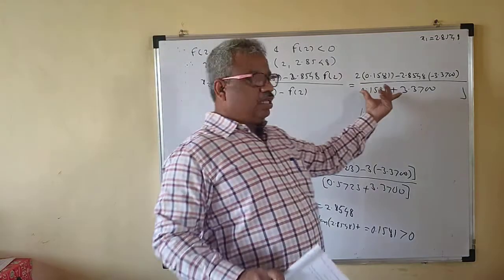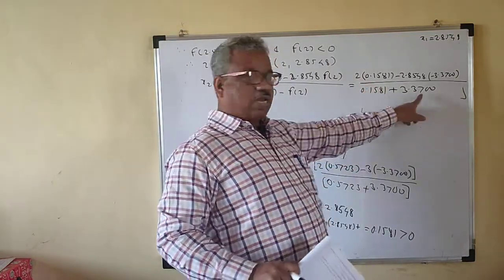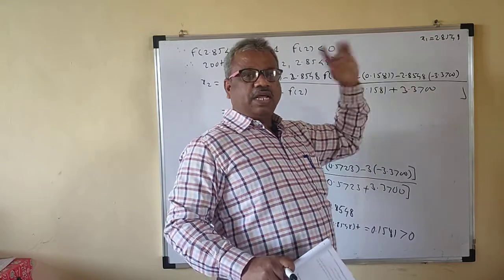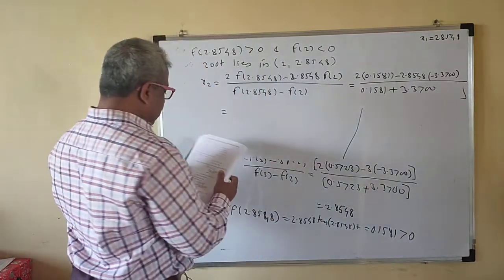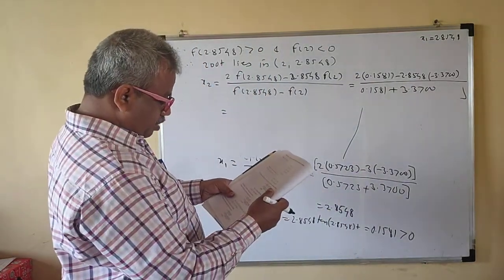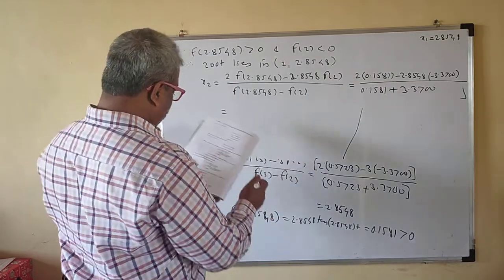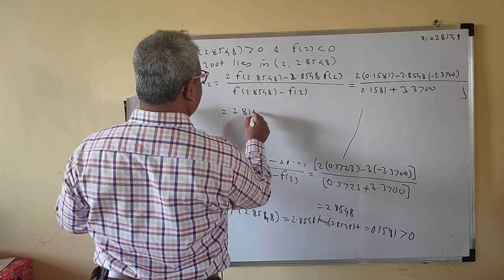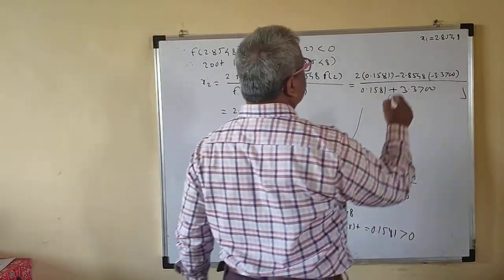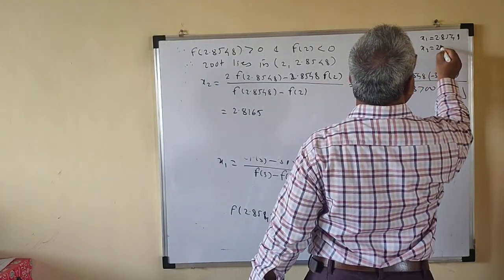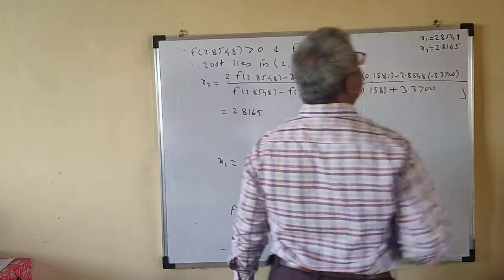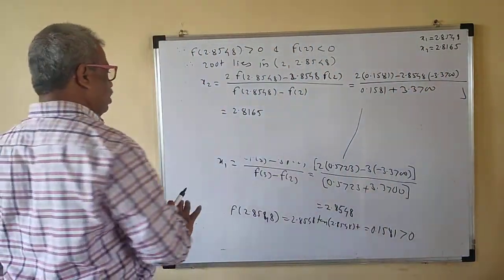Then divided by, write a bracket, this plus this. Bracket complete and just press equal to. So you will get the value 2.8165. So your x2 will be 2.8165. Up to 1 decimal place we get the correct one.